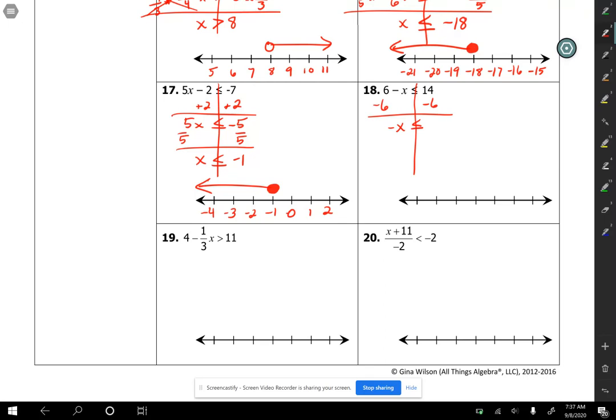When you're subtracting, you do not switch the sign. Technically here we have a -1 in front, so I need to divide by a negative. Since I'm dividing by a negative here, I do need to switch the sign.